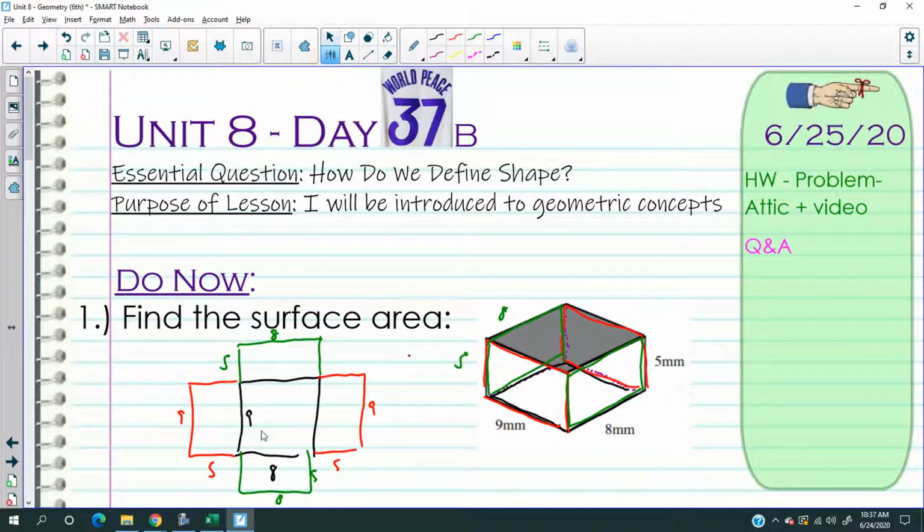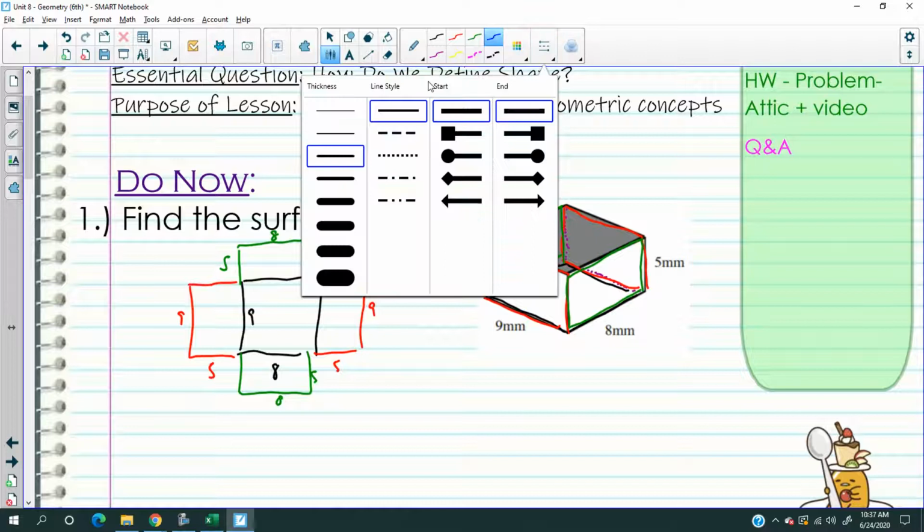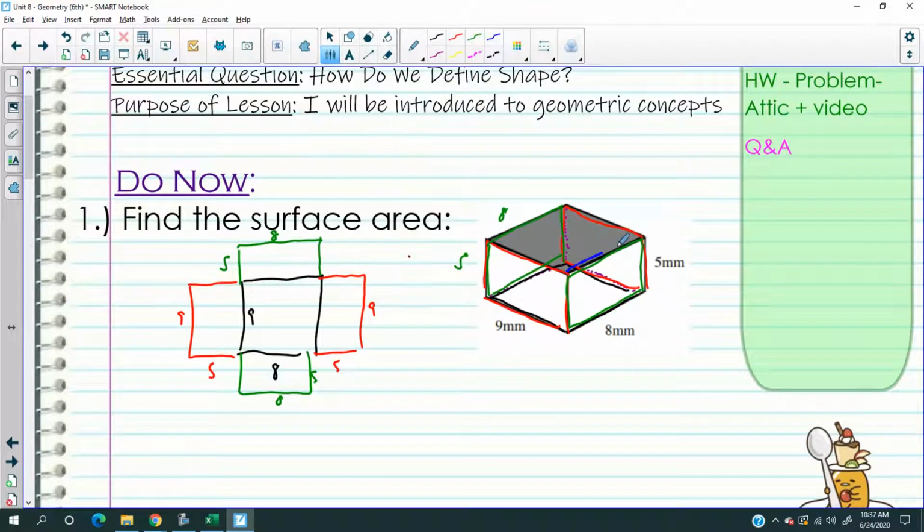I'm going to move this 8 up here. Oh, I can't. Okay. And I need the top. So where's the top? Like this. Now this one, I have to be careful with the dimensions. This is 8 by 9.